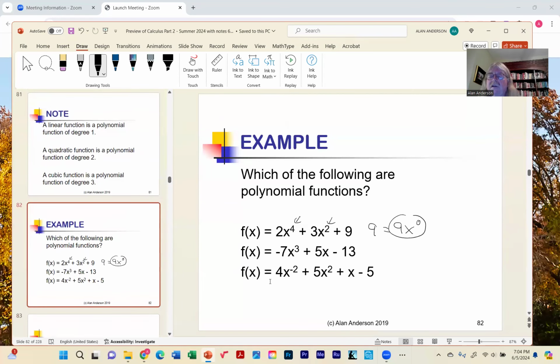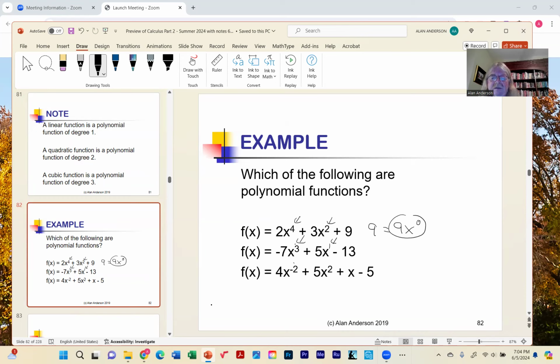So 0 counts, and therefore constants count as well. Now, this one is okay. If you notice there's a negative here, that doesn't make any difference. All that matters is the exponent. Here, this exponent is implicitly equal to 1. And here, like I said, this one could be thought of as an exponent of 0.